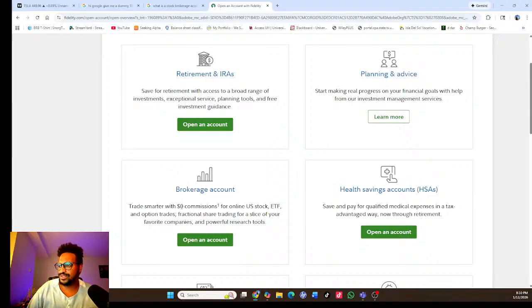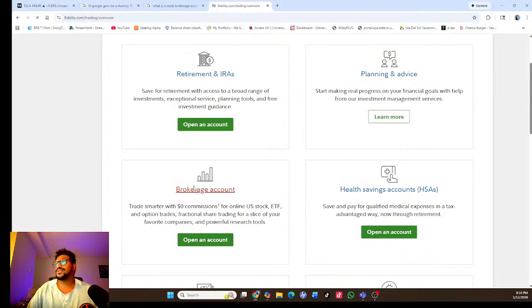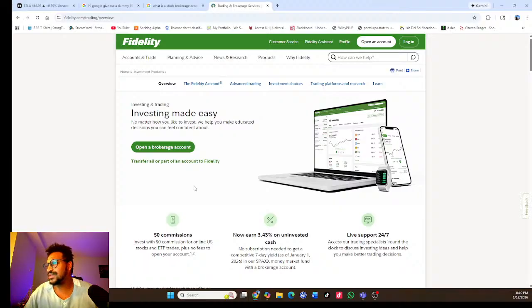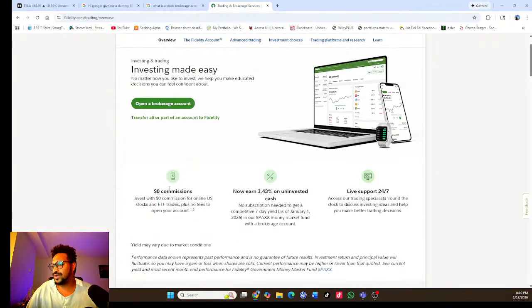Trade smarter with $0 commissions for online US stock, ETF, and options trades, fractional share trading for a slice of your favorite companies, and powerful research tools. So let's click on it. Brokerage account. What does this do? $0 commission. Invest with $0 commission, plus no fees to open your account. So there's no fees to open your account.